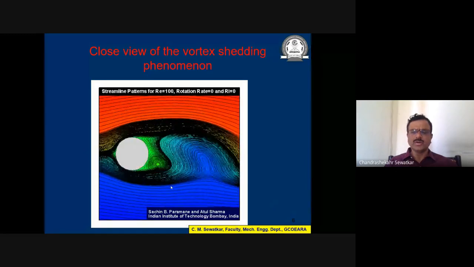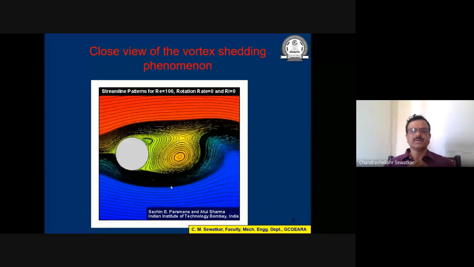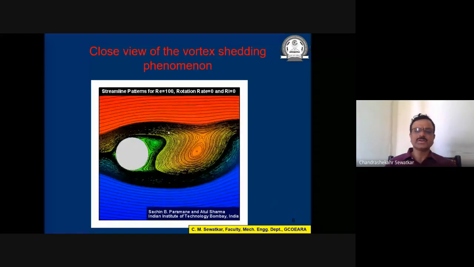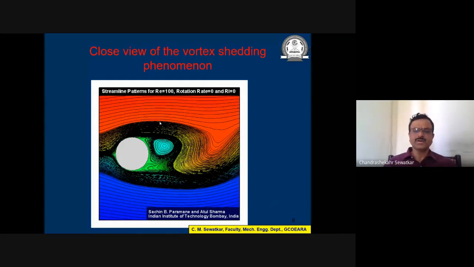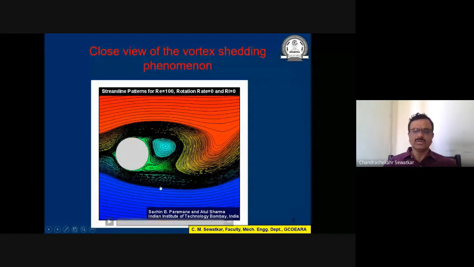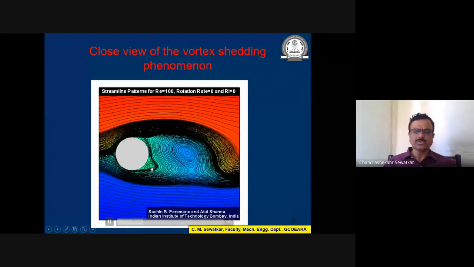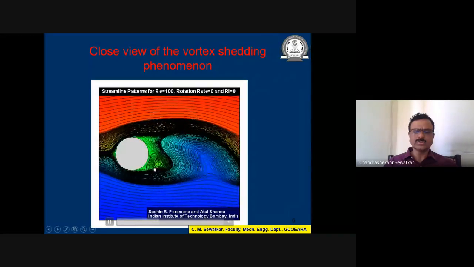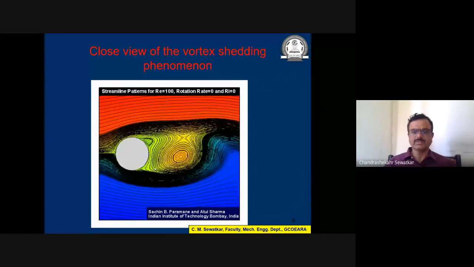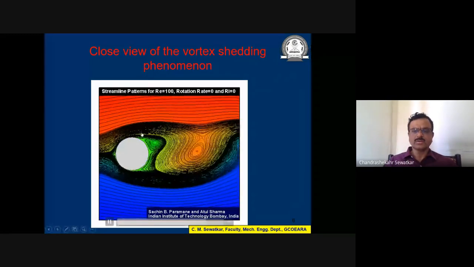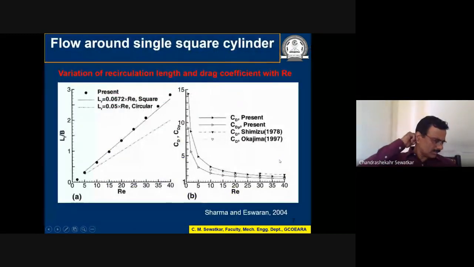The movies are prepared using software called Tecplot. This shows the streamline pattern at different time instances, and we can then observe the phenomenon of vortex shedding. You can see the vortex grows, and then it goes into the main flow. It is shed, and once it goes bigger, another vortex starts developing here. So this is what occurs in the case of a bluff body.